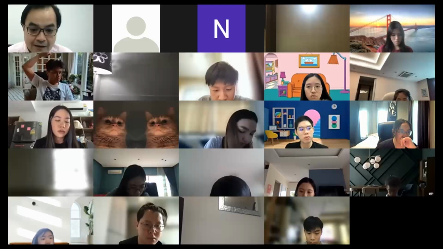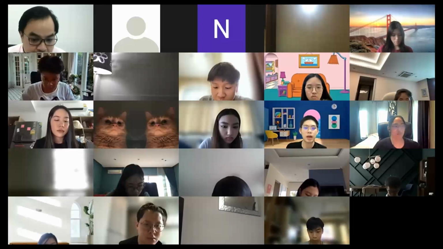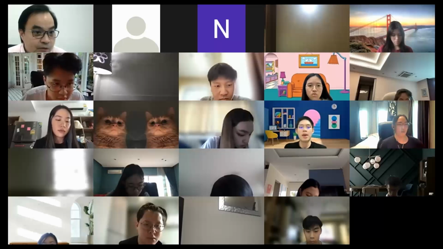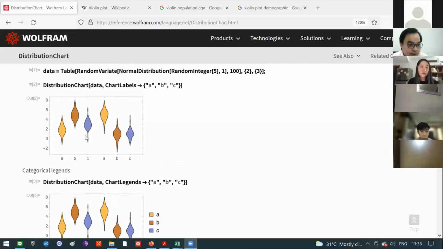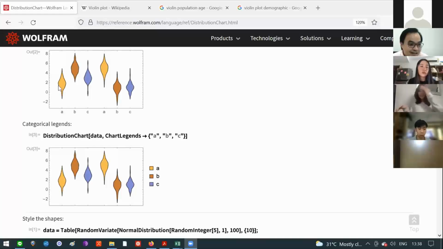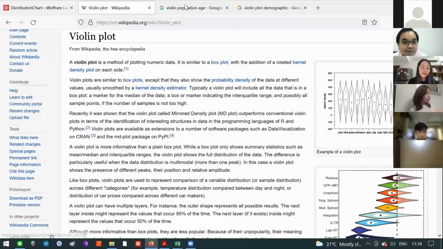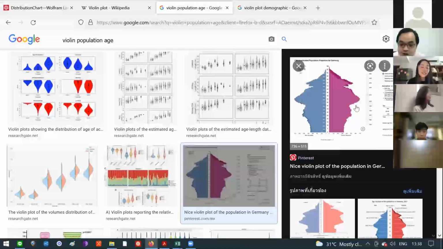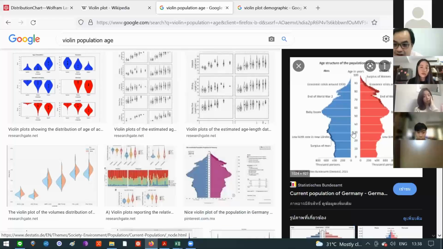A violin plot I haven't mentioned before in the class, but let me just show you a picture of it real quick. It's this one. You can imagine it looks a little bit like a violin. So you can imagine this is age from young to old. Usually you see a lot of demographic charts presented as a violin plot.